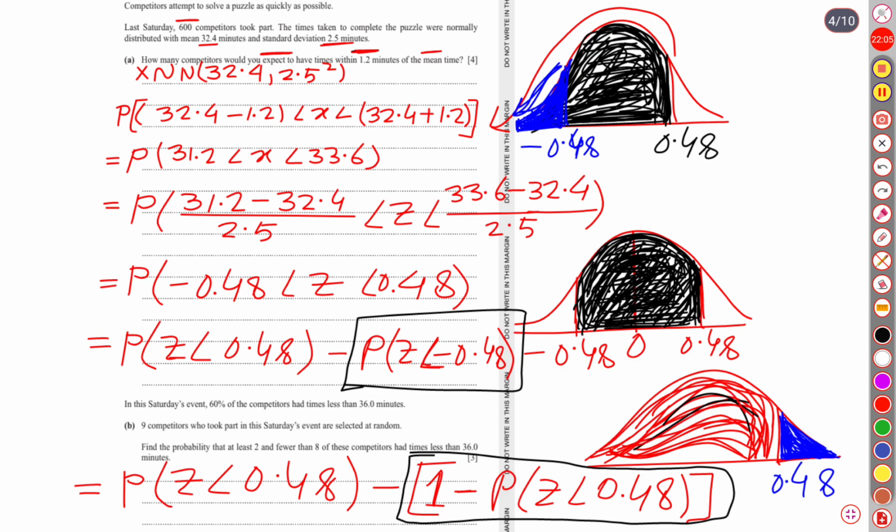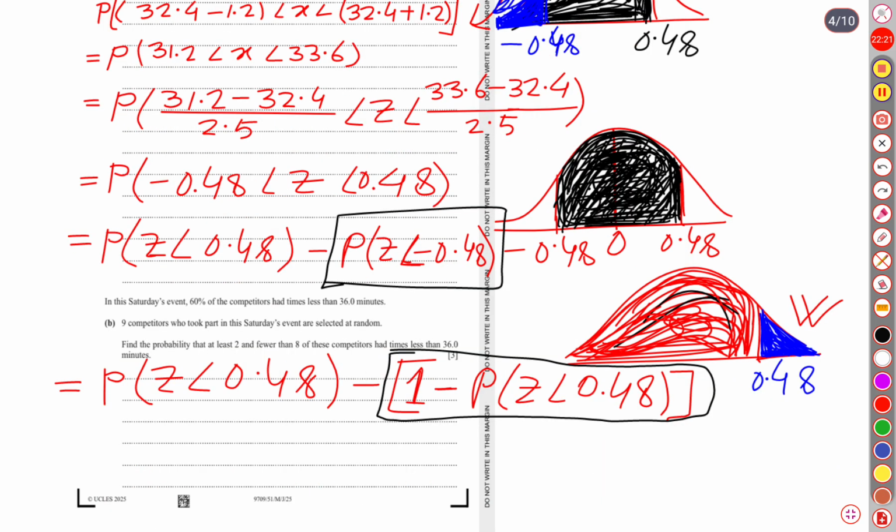Now we are going to find the corresponding probabilities of these z-scores.